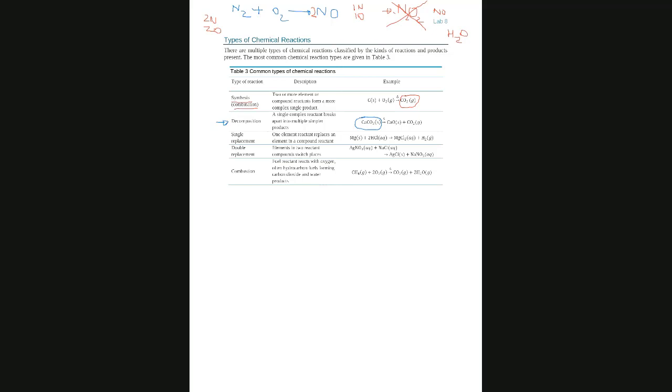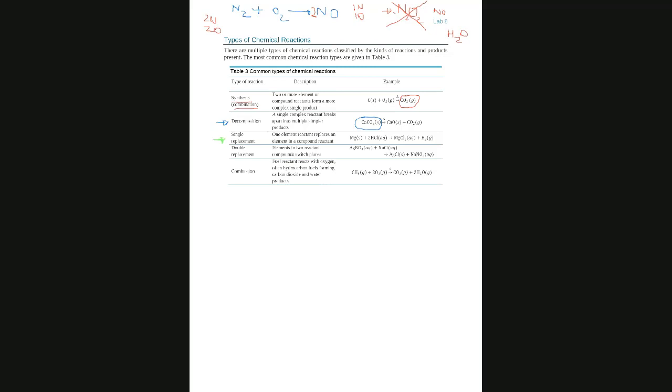So you don't need a plus sign because on the reactant side, you only have one substance. Let's look at the next one. What other kinds you need to learn? Single replacement. This one, it's a little bit, I mean, not difficult, but you need to pay attention.